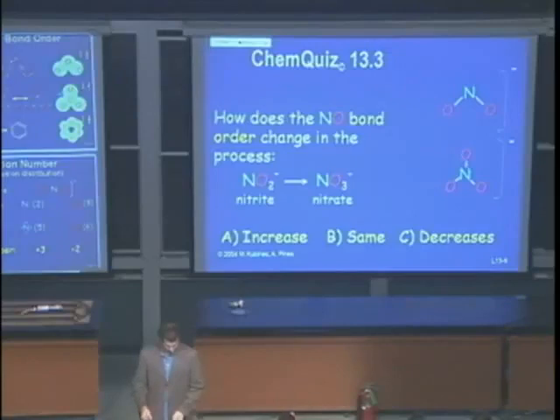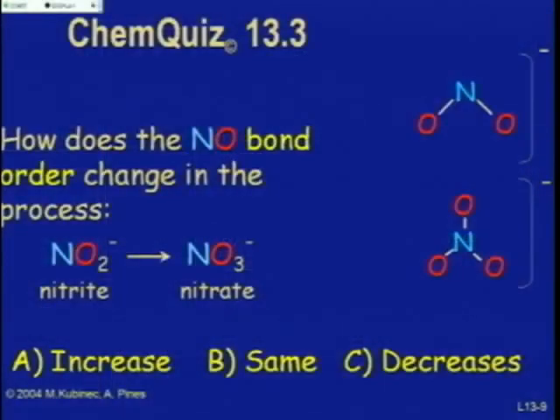Chem quiz. All right, so let's look at this here. Think about NO2 minus and NO3 minus. How does the NO bond order change when we move from NO2 minus to NO3 minus? Does that bond order increase, decrease, or stay the same? Let's see what we got here.